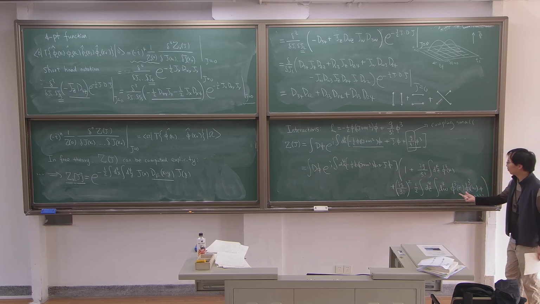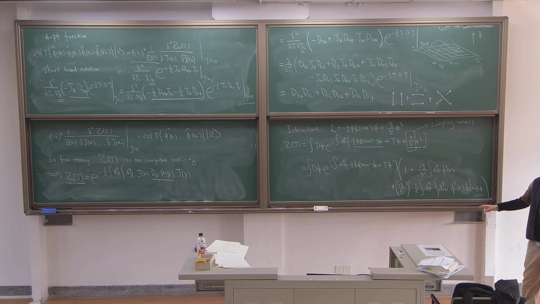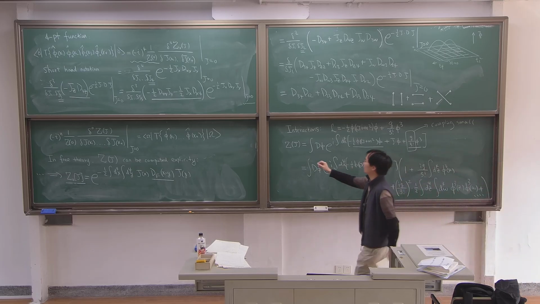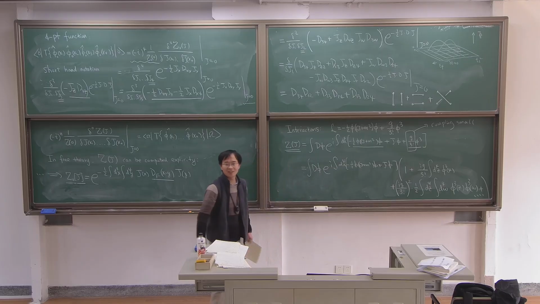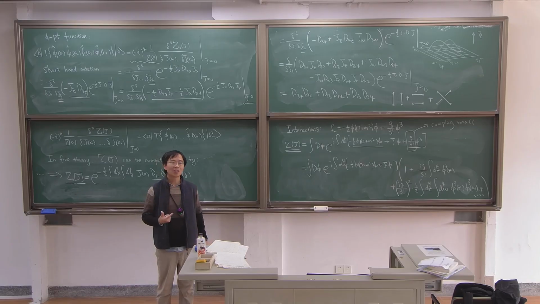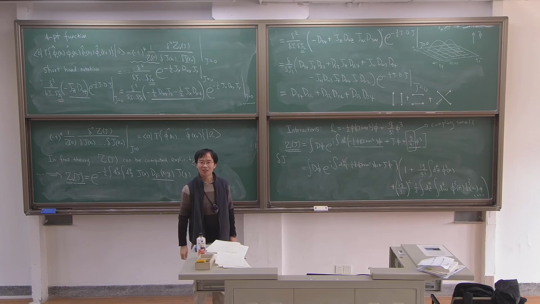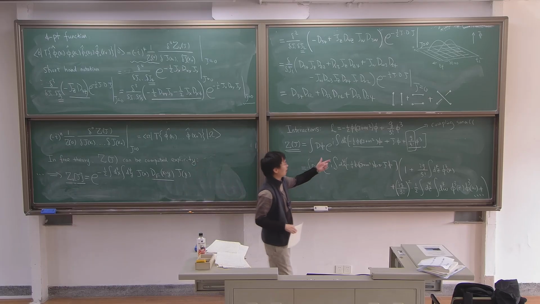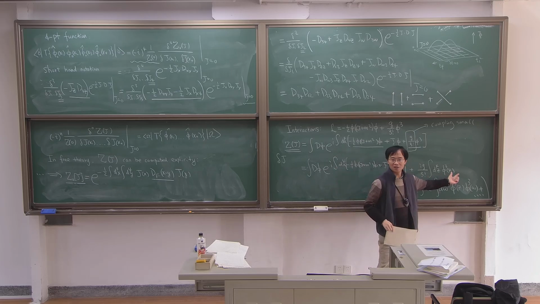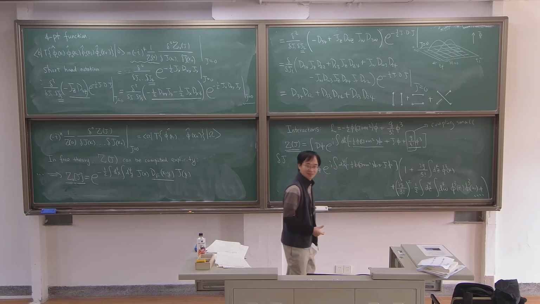And for the next one, we have 6 insertions at 2 different points. This is only the Z[J]; we haven't taken the derivative with respect to J. In order to read off the correlation function, we have to do the variation with respect to J, and that variation will pick up some more phi insertions. That's what we really want to calculate.